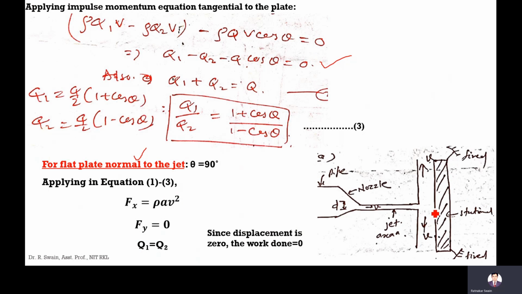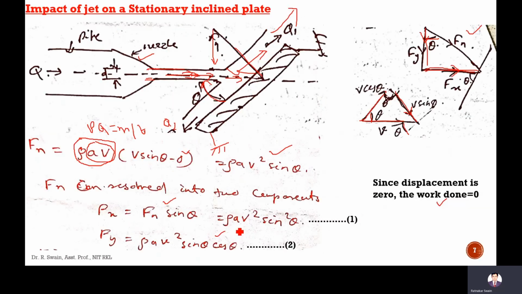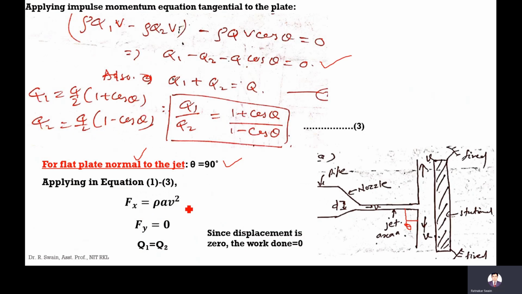In this case theta is 90 degrees. Applying theta equal to 90 degrees, Fx will be rho a v square and Fy is 0. Q1 by Q2 will be 1, so since it is symmetrical, Q1 and Q2 will be equal. Since the displacement is 0, the work done will be 0.